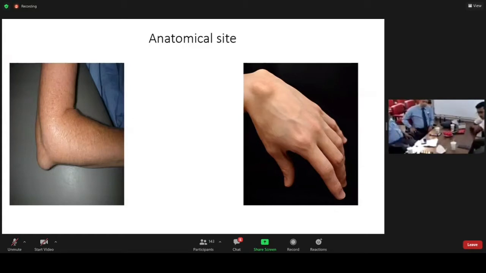And as I said, site is the first and most important aspect because that presumption is based on the site. That is why we don't try to elicit all these 9 steps in every lump, because we go with a presumption based on the anatomical site. As I said, some are more common in one anatomical site and some are impossible in certain anatomical sites. So the presumption, right?